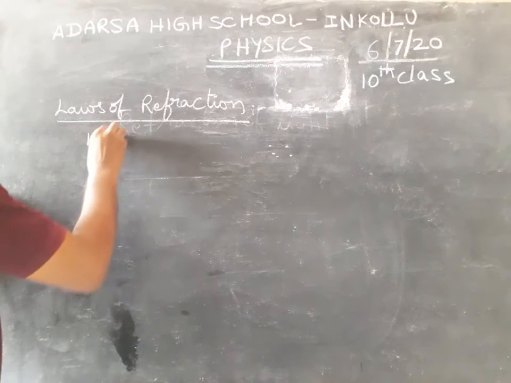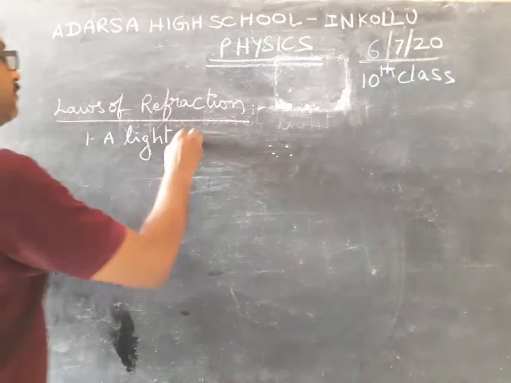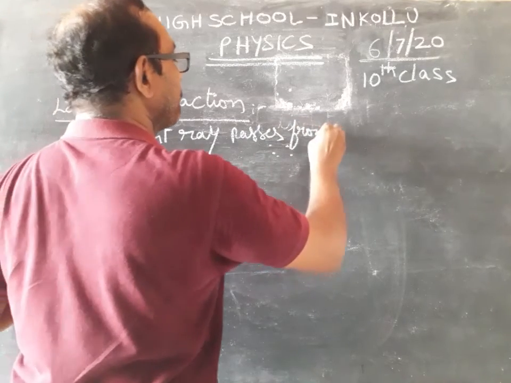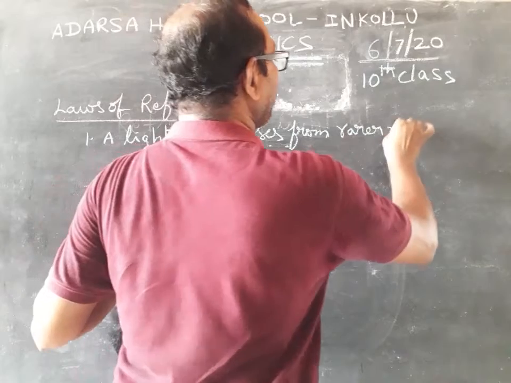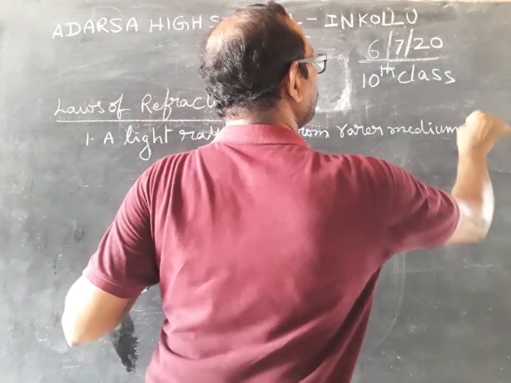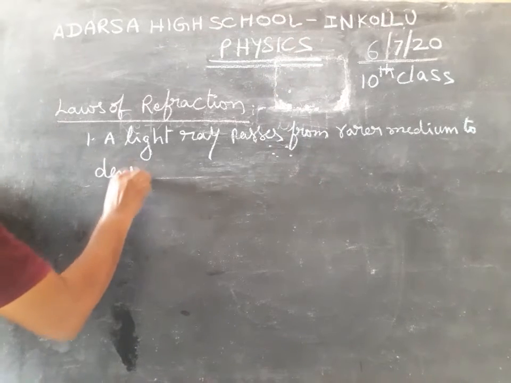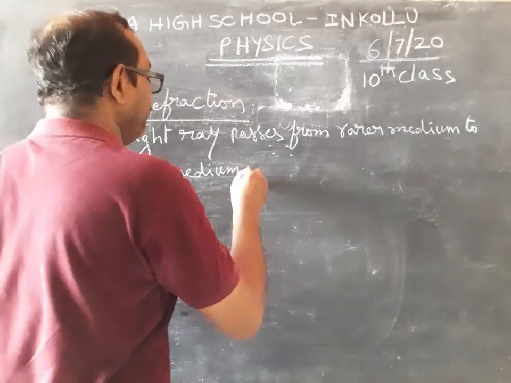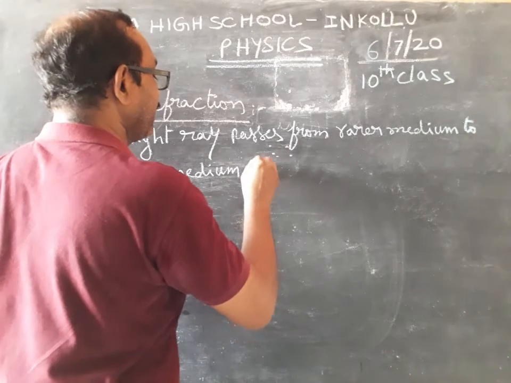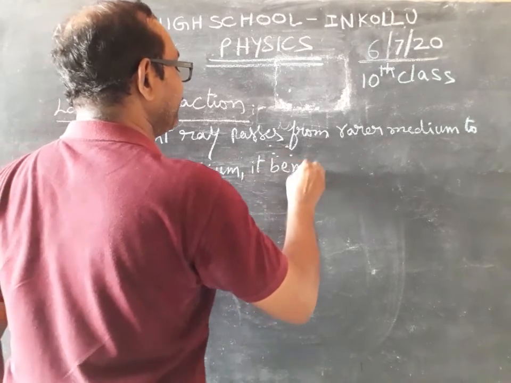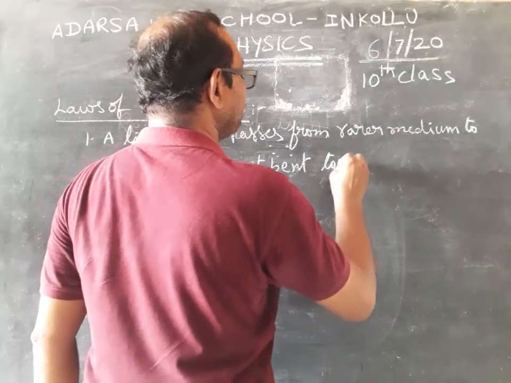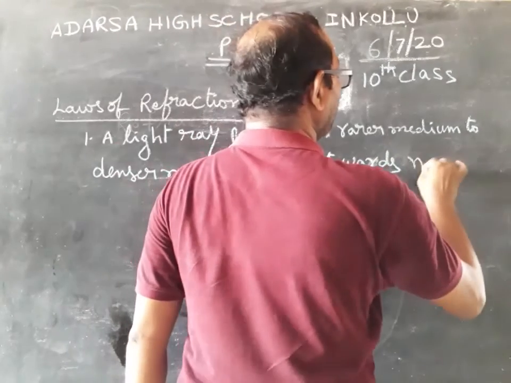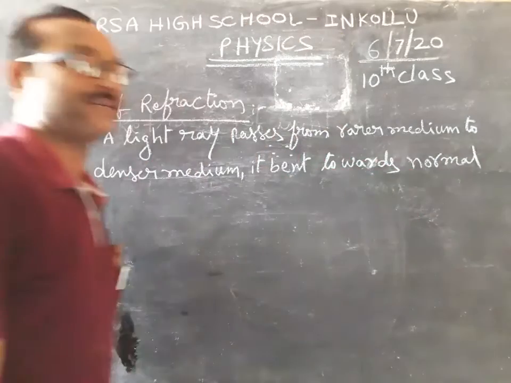First one: when a light ray passes from a rarer medium to a denser medium, it bent towards the normal.